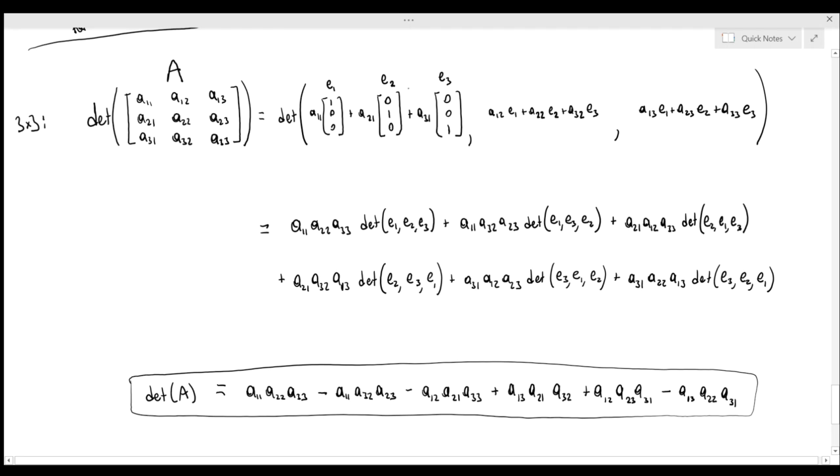I can also distribute the second term here to the A32 E3, and then the A13 E1. And finally, for the third term here, we can distribute it to the first and the second, or to the second and then the first. All the other ones would have had a repeat, so they all would have been 0.